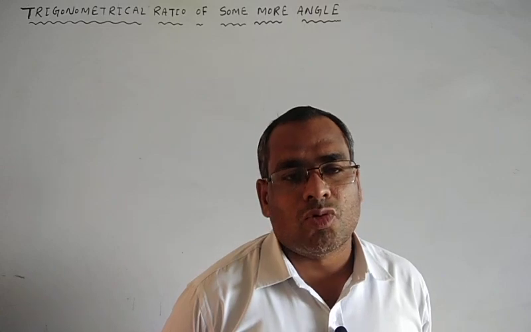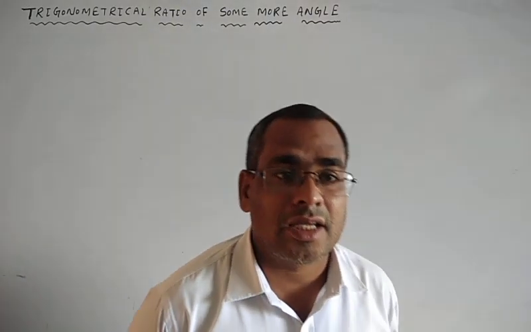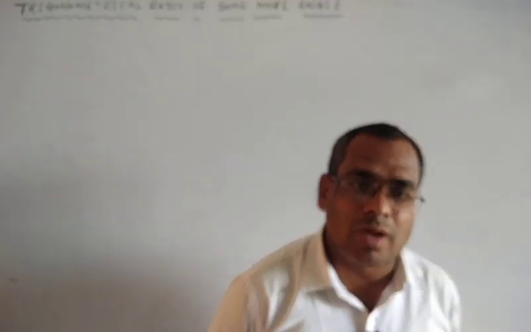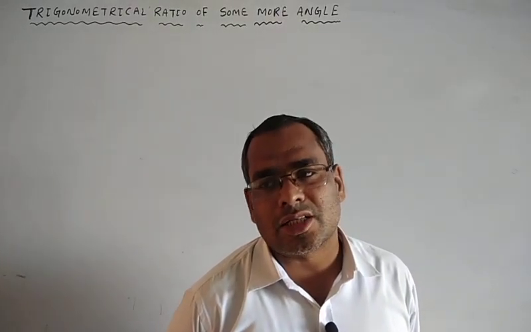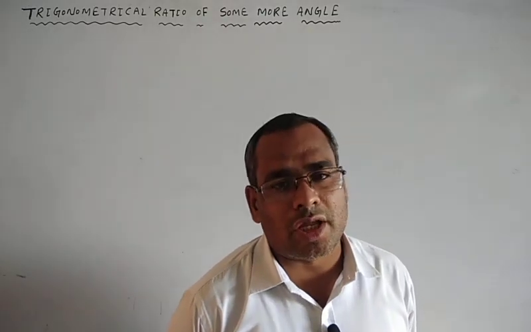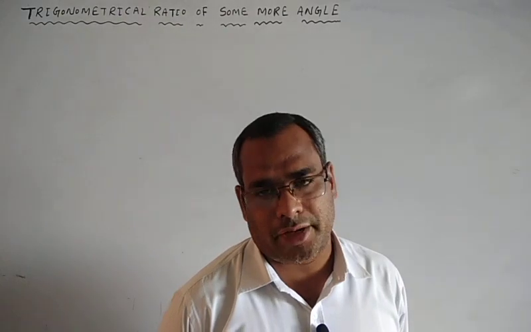And how to express sin 2a and cos 2a in terms of tan a: sin 2a equal to 2 tan a by 1 plus tan square a, and cos 2a equal to 1 minus tan square a by 1 plus tan square a. Okay, then cot 2a equal to cot square a minus 1 by 2 cot a.